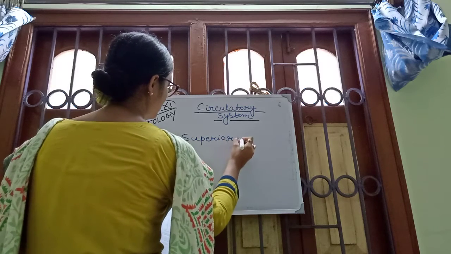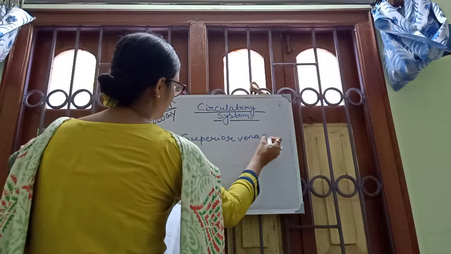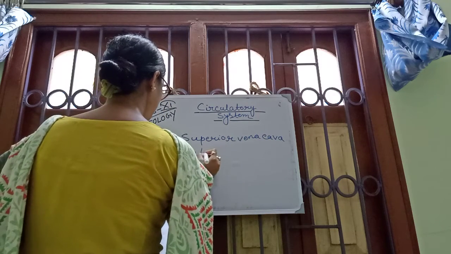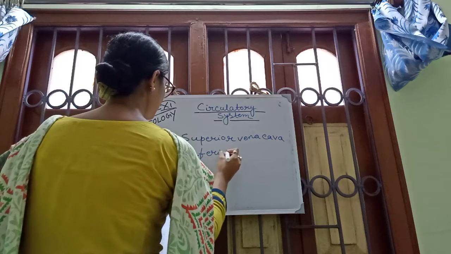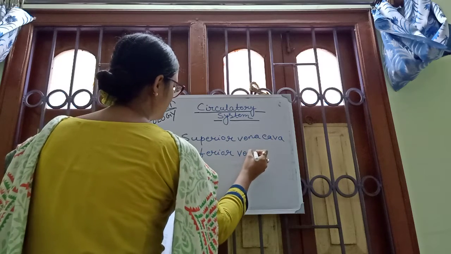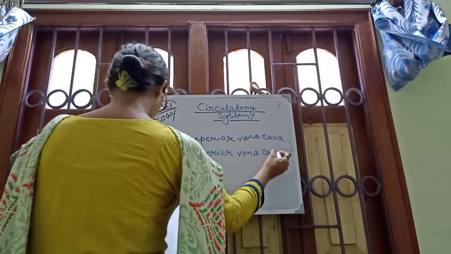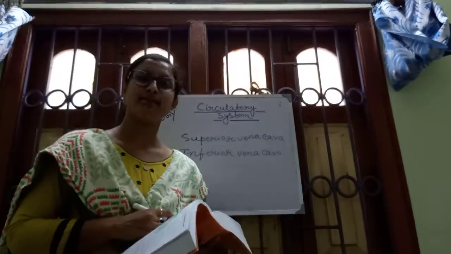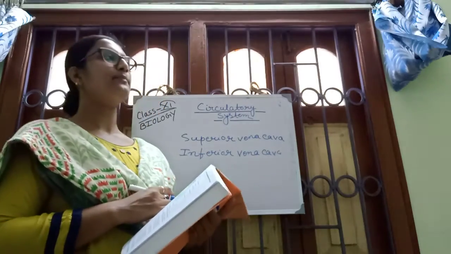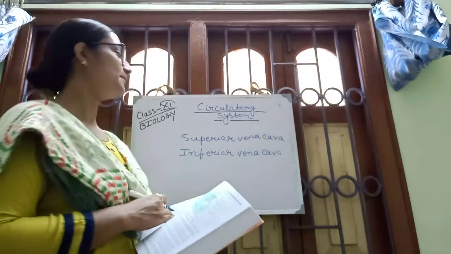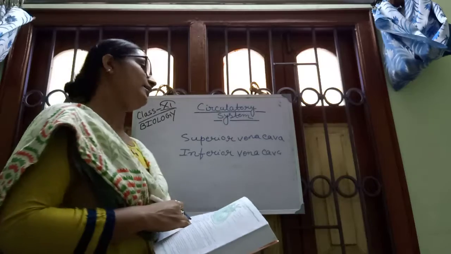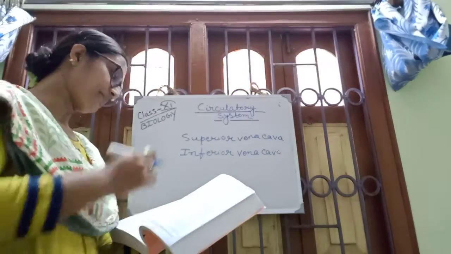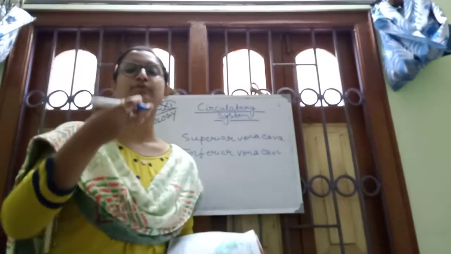The superior vena cava and inferior vena cava carry deoxygenated blood from all over the body, and there are also the pulmonary vein and pulmonary arteries.